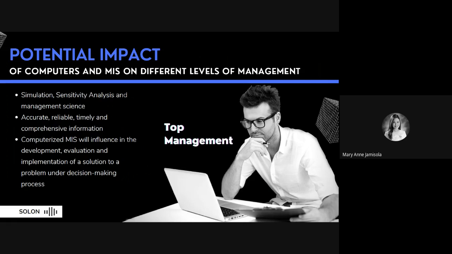It is believed that top management will realize the significance of techniques like simulation, sensitivity analysis, and management science. The application of these techniques to business problems with the help of computers would generate accurate, reliable, timely, and comprehensive information to top management.